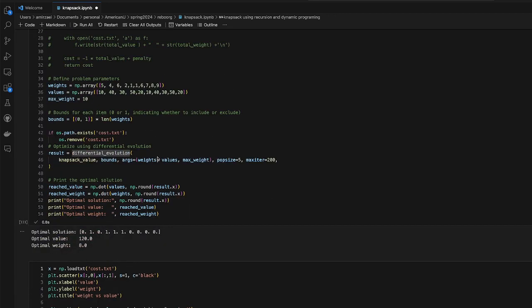Then we see that when we run it for this specific example, it gives us this sequence. 0 means don't pick the first item, select the second item, ignore the third item, and so on. The maximum value that we obtain with this sequence is 120, and its weight is 8, which is not surpassing the maximum weight of the knapsack.